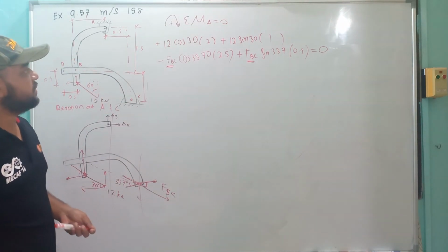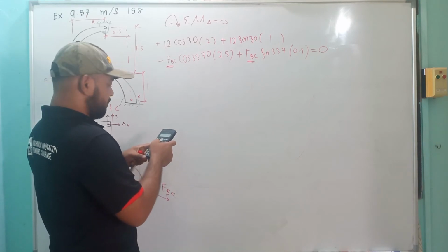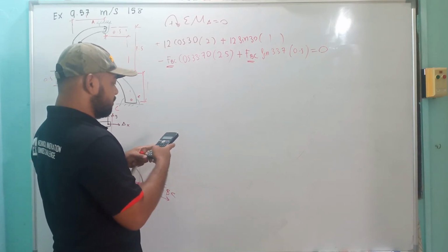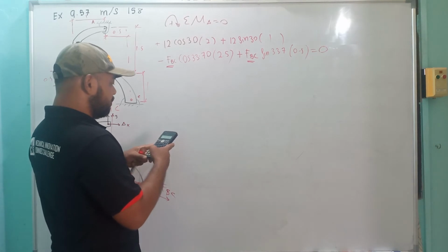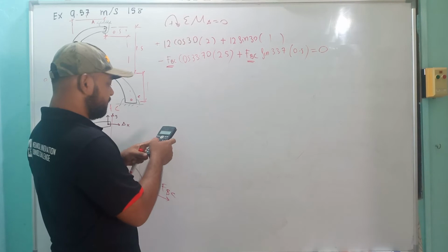So you can try to solve this one. 12 cos 30 times 2 plus 12 sin 30 times 1.